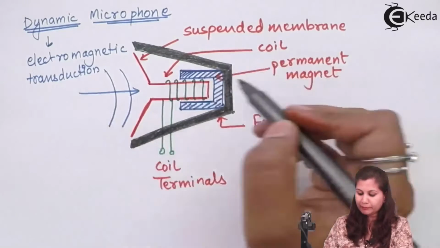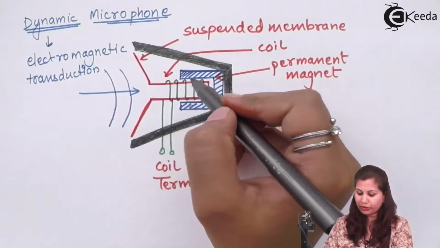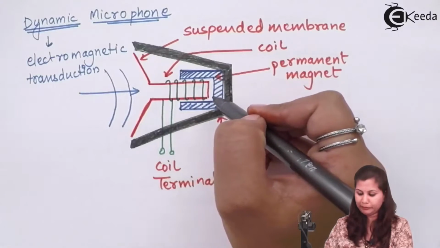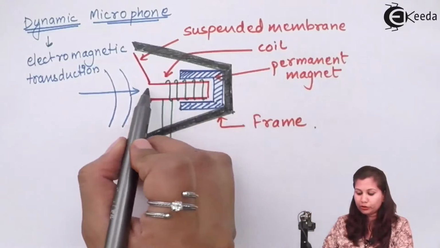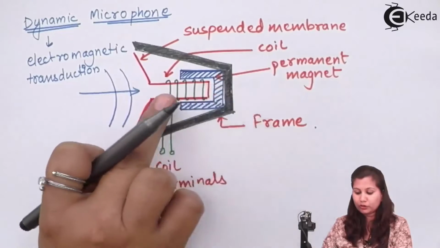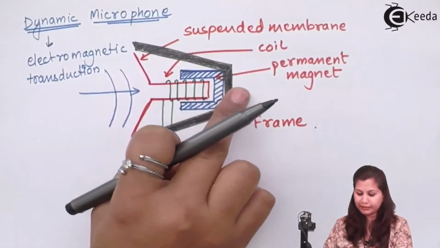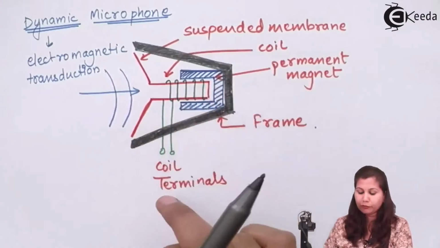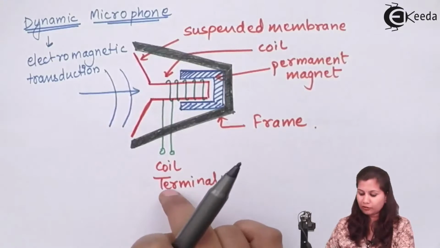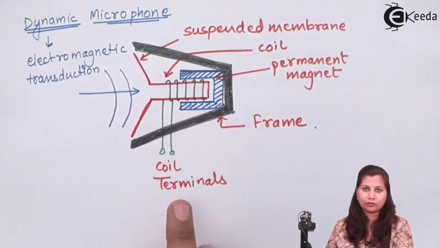This is the U-shaped permanent magnet, so in between it a magnetic field is produced. Due to the motion of the coil across the magnetic field, the output voltage is generated across the terminals of this coil.